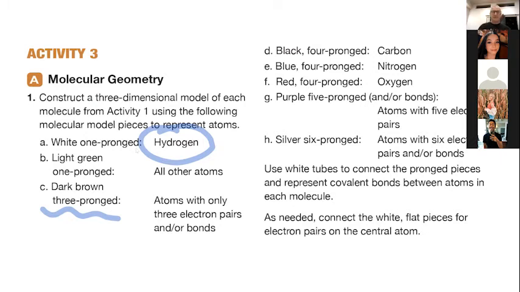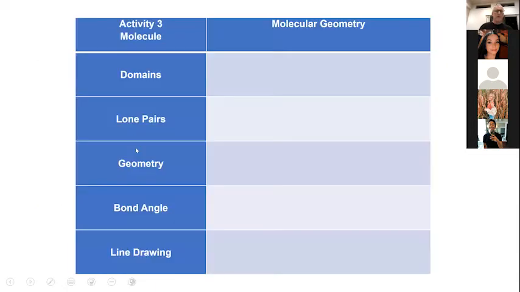So I'll just give you an example of one and how you use it to help. So for instance, let's do CO2. We put the molecule up here, CO2, and this is what it's going to look like.